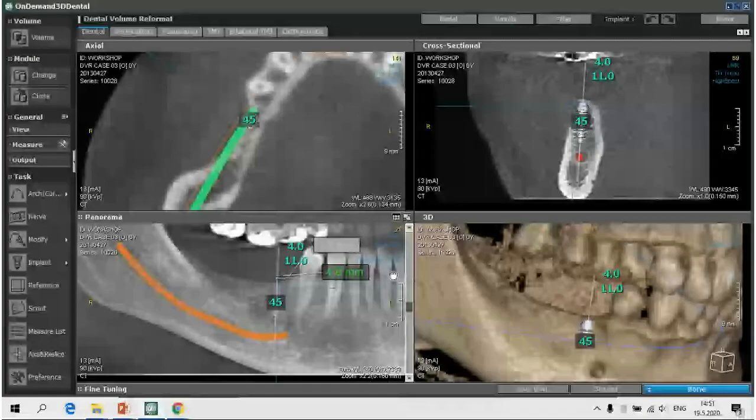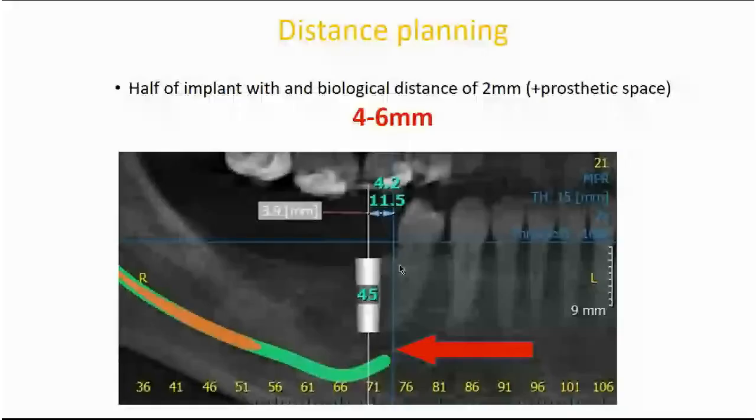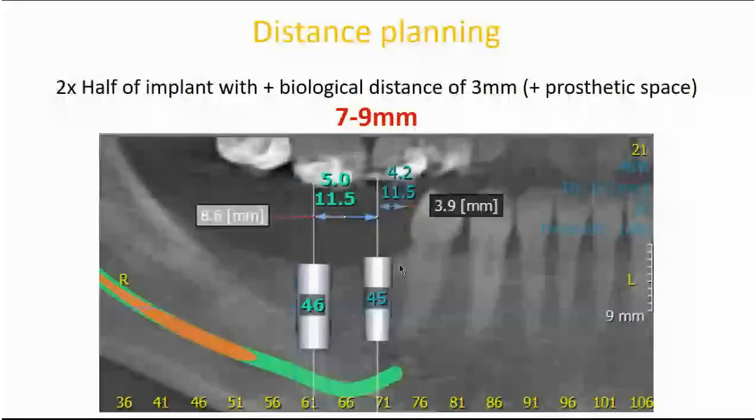Of course, then we will go a little bit back to the presentation, and we will ask ourselves, if we need to plan multiple implants, then we will need to count the distance in between two implants, and always it is 2 times half of the average implant width.